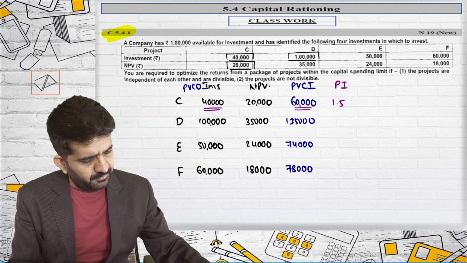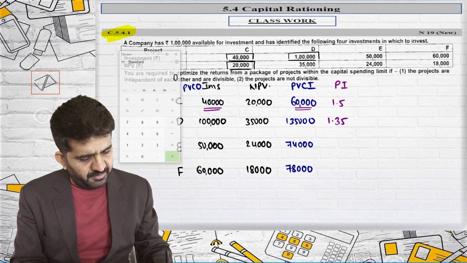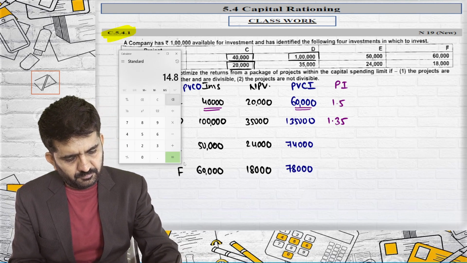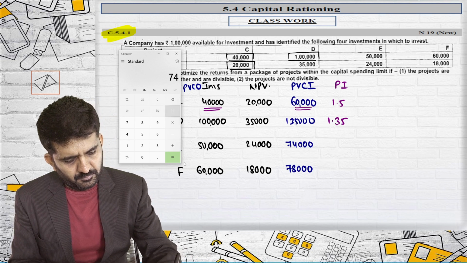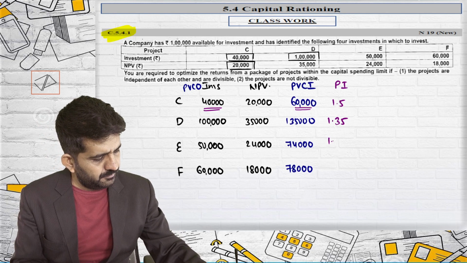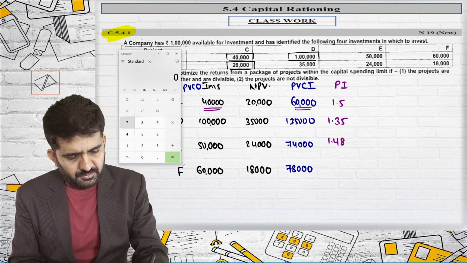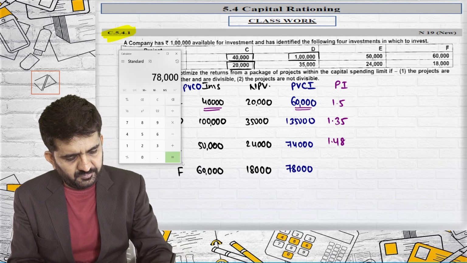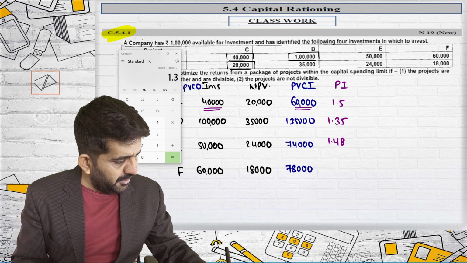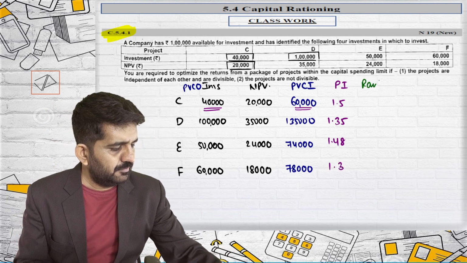It is 1.35. 74,000 divided by 50,000 is 1.48, and 78,000 divided by 60,000 is 1.3.